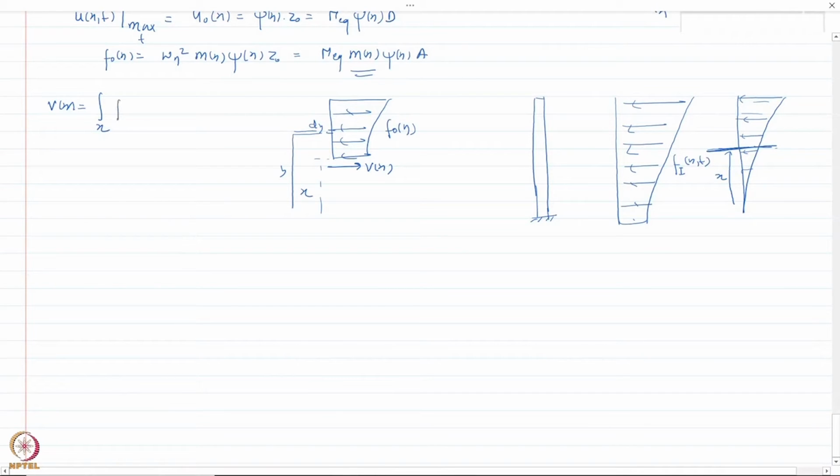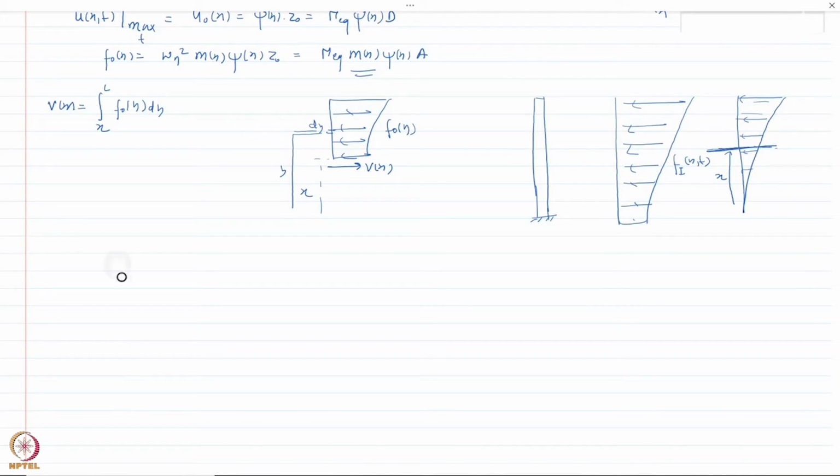It would be f naught y dy integrated over x to the total height, let us say it is L or H or whatever you are considering. So this gives you the shear at any height, location, or whatever you want to say, at distance x.